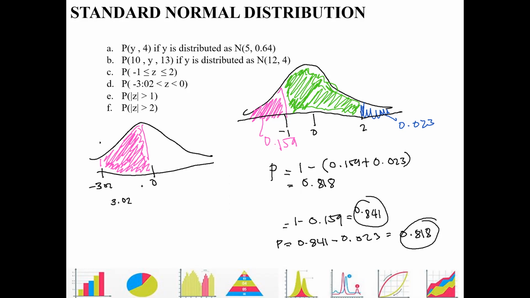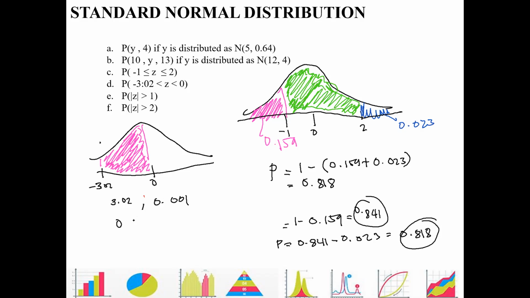Saan ko natin tingin? .02 is 0.001. And 0 is, ang value niya is 0.5. Tama.